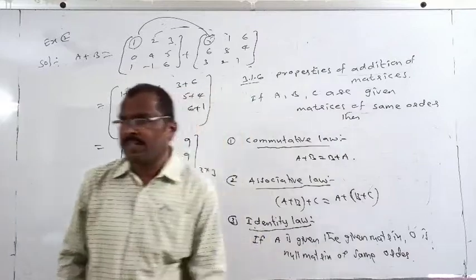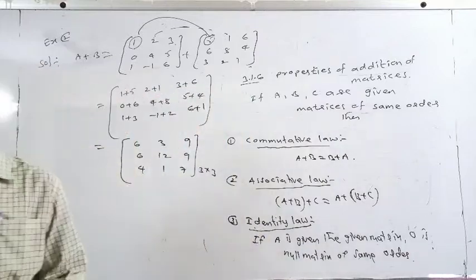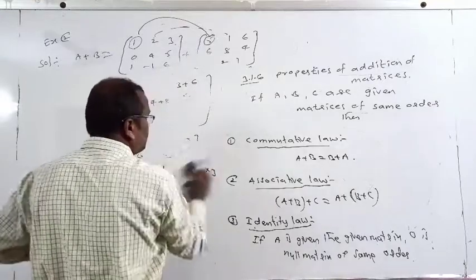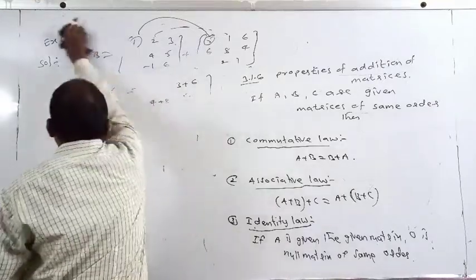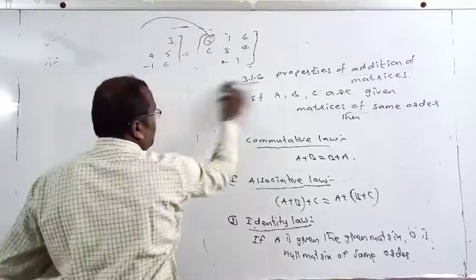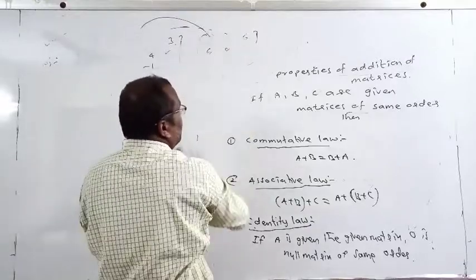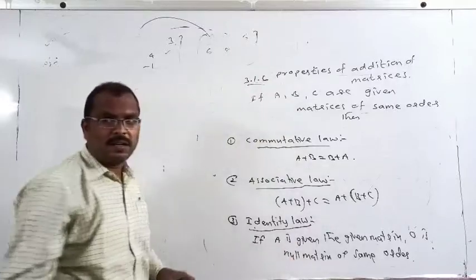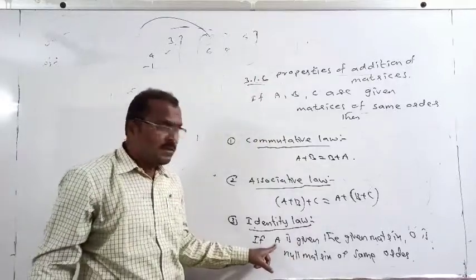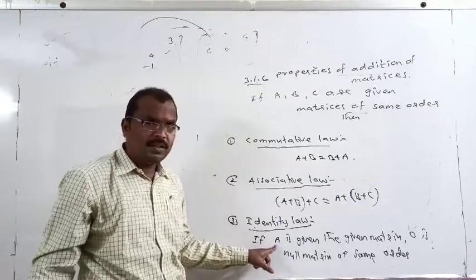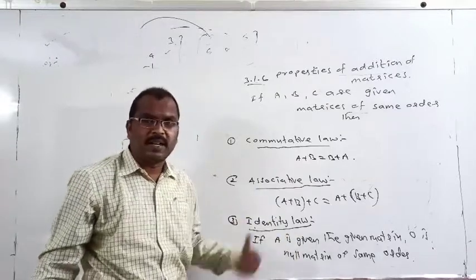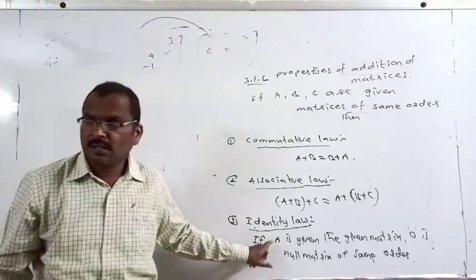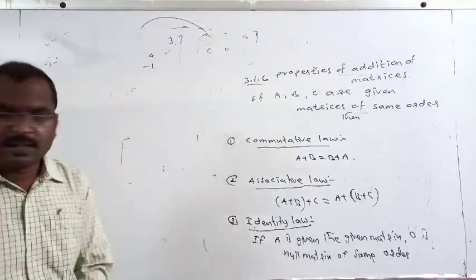A and O should be of the same order, since then only addition is possible. Don't confuse with this one. Here A is any matrix. Here no priority is given. You are just saying A is the given matrix. It may be a rectangular matrix or a square matrix, meaning A is any matrix.